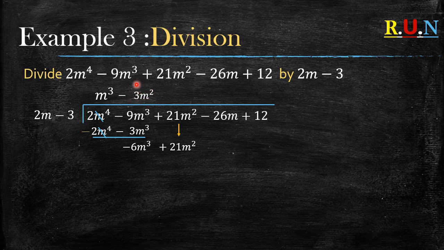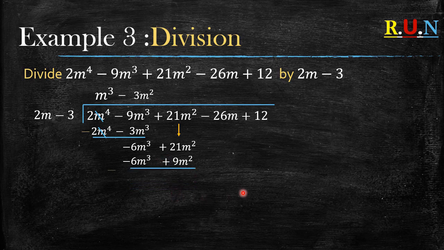So now we take that answer and multiply it with the 2m. We'll get negative 6m to the power 3. And then again we take that answer and multiply it with this negative 3. What do we get? We get a positive 9m squared. And then notice how the first terms will cancel out, and the second terms should also be like terms.